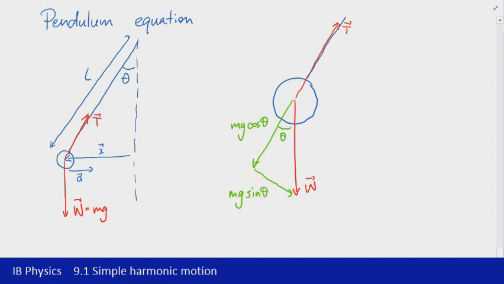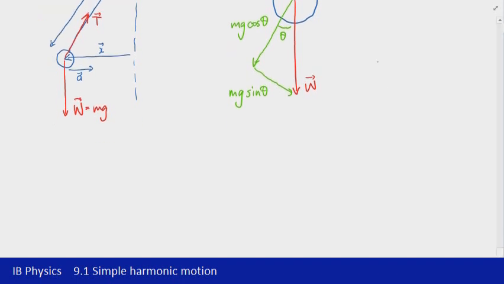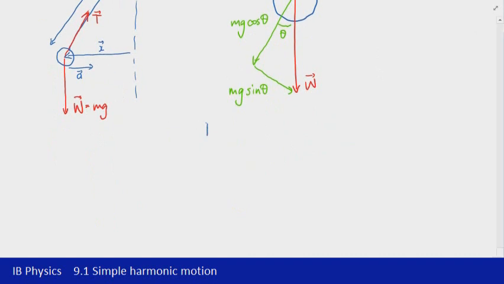So there's the starting point that we need to be aware of, and we can identify then that the force that's going to cause this oscillation, F, is going to be equal to mg sin theta, so that component that's unbalanced.